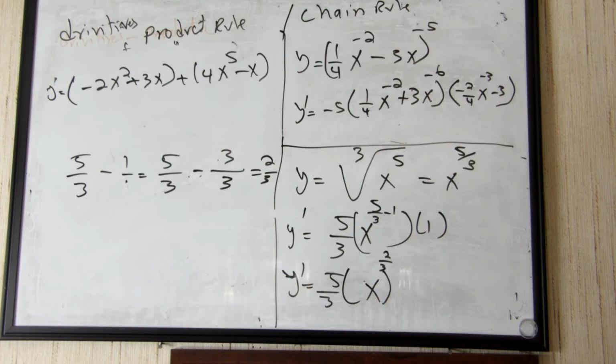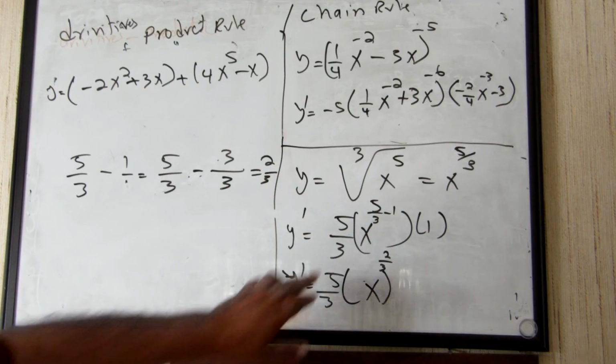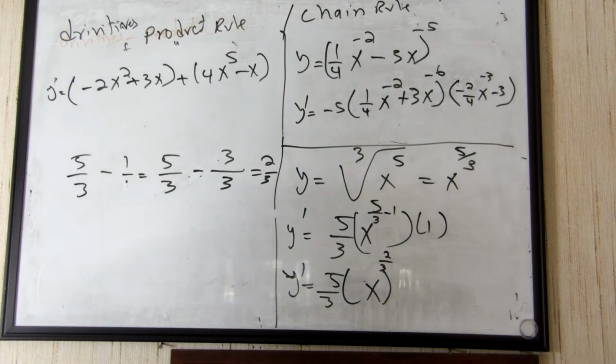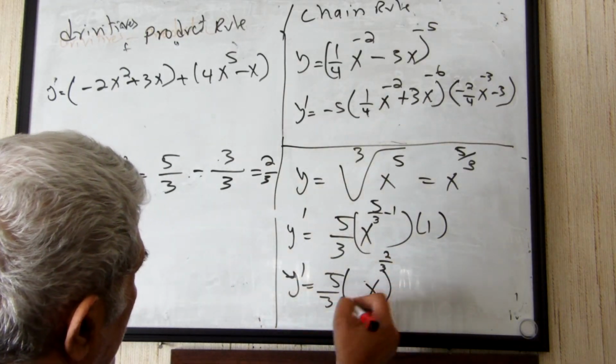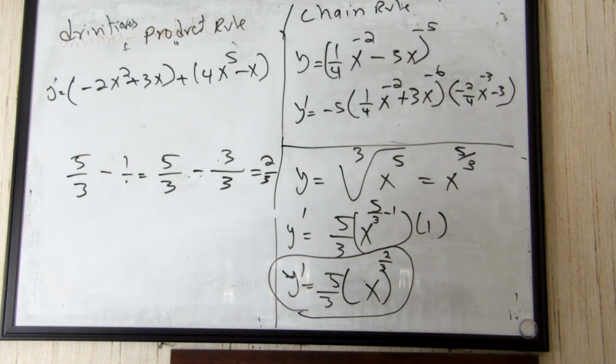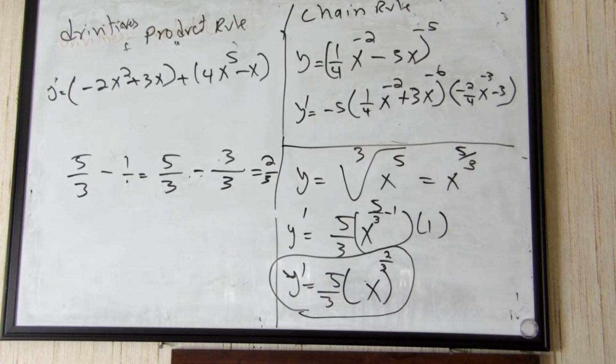Okay? 1.67 minus 1 is going to be 0.67, and times 1, so this is the answer.